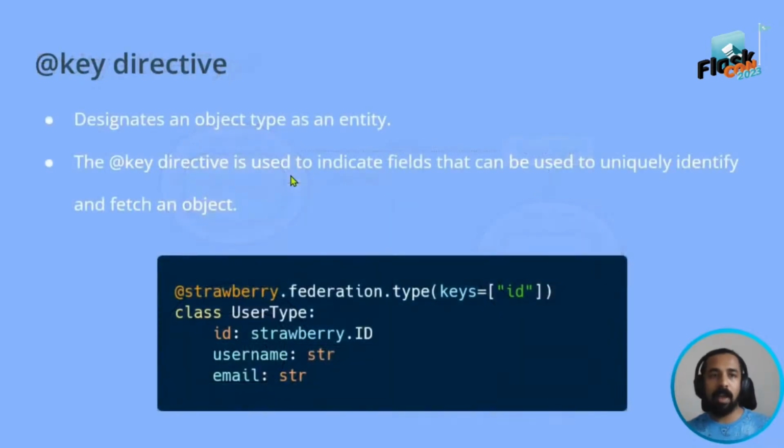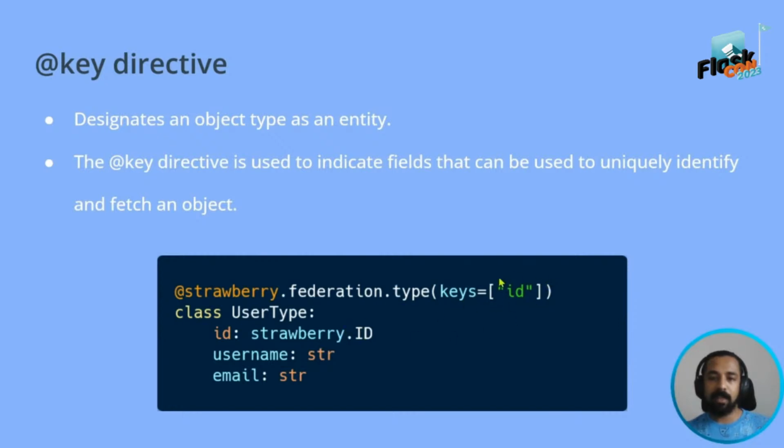Now we have a custom directive for federation. It's the key directive. It is used to designate an object type as an entity. Also, the key directive indicates fields that can be used to uniquely identify an object. Here, from the above example, we can see that we are decorating the user type using the strawberry federation type decorator, and we are specifying the key as ID.